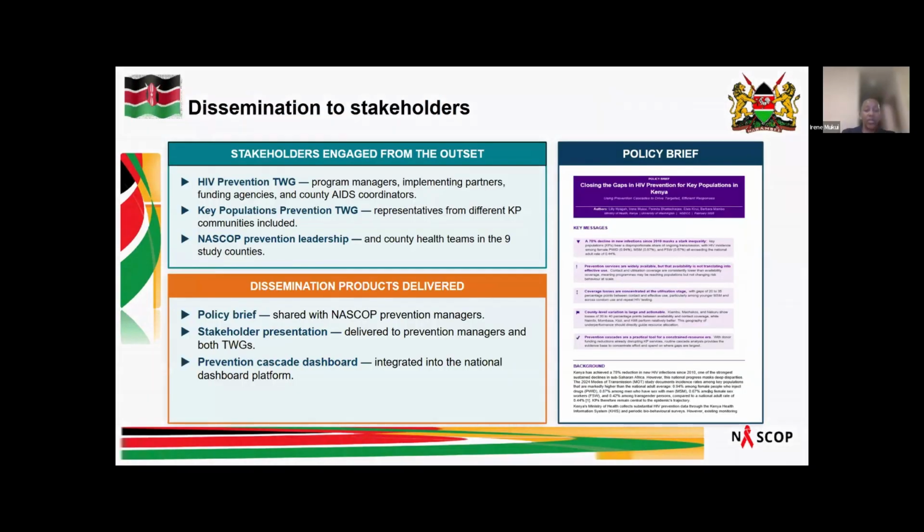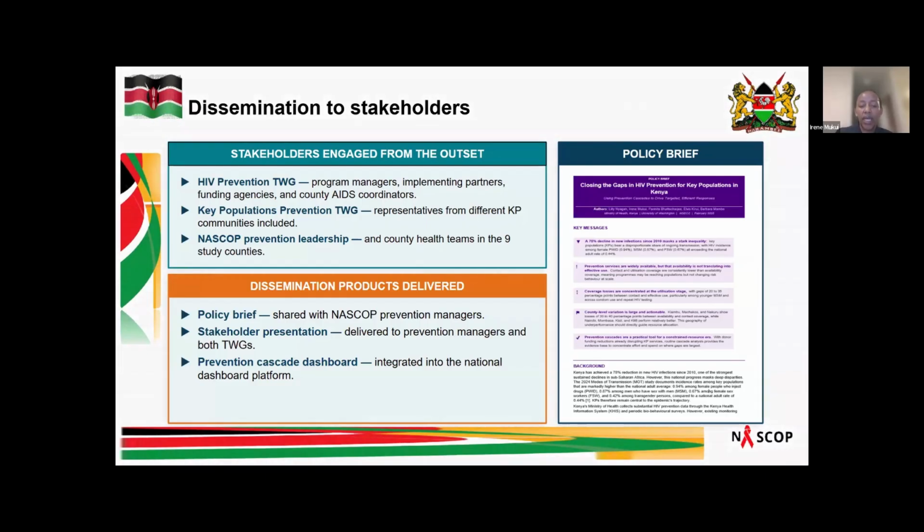So we did dissemination to stakeholders. One of the things that we did from the beginning of this work was to involve key prevention TWG members, which includes program managers and implementing partners. We had funding agencies and county AIDS coordinators who were involved at the very beginning when we were formulating the idea. We also had presentations done to the key populations prevention technical working group and also the NASCOP prevention leadership.